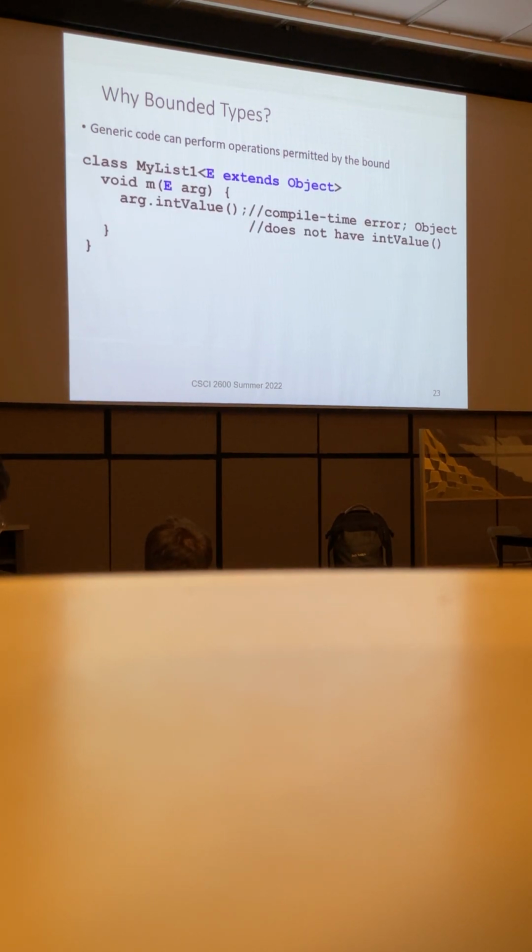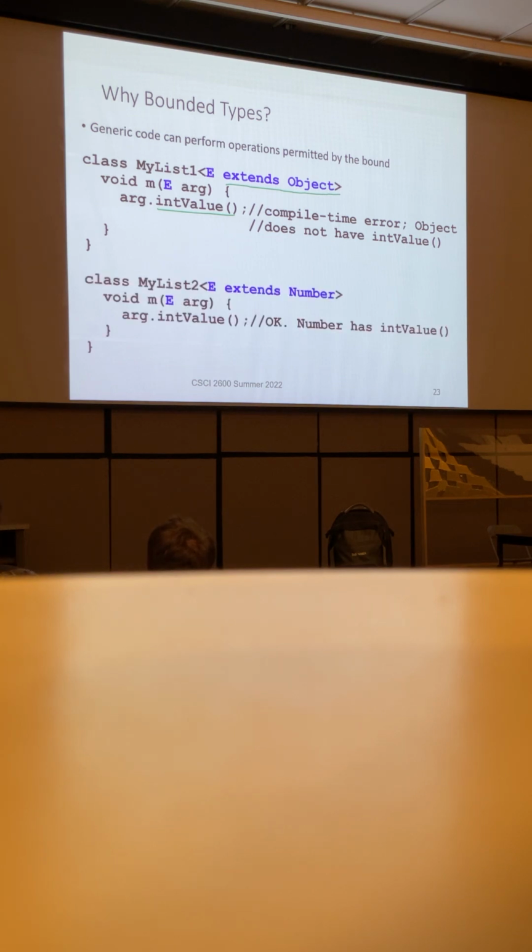All right, so yeah, we basically discussed this, right? So perform operations permitted by the bound, because without the bound, you only know that your class is an Object, right? So here, without the bound, it defaults to extends Object, and then you cannot call intValue on an arg, right? Because depending on how your MyList1 is instantiated, E might be a type that does not have intValue.